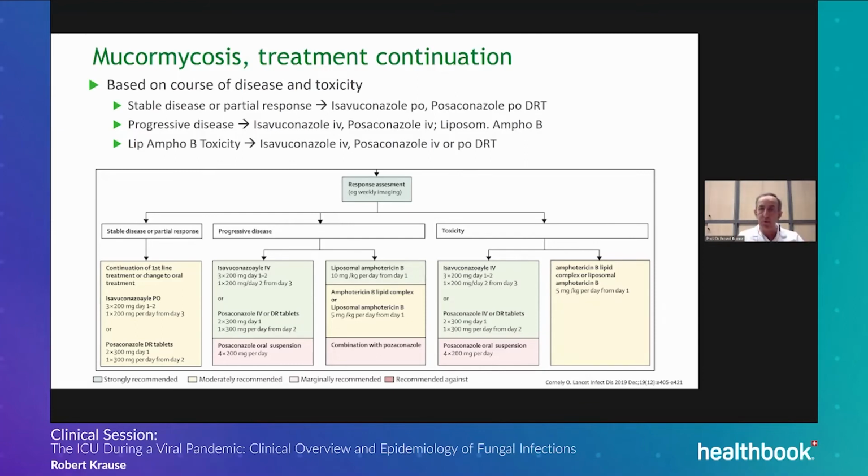If isavuconazole was the primary treatment or posaconazole was the primary treatment, then we have to switch to liposomal amphotericin B. Also, there might be renal toxicity, but due to the high mortality, you have to cope with this renal toxicity. And in case of liposomal amphotericin B toxicity, a switch is necessary to isavuconazole intravenously or posaconazole intravenously, or later on orally either isavuconazole or posaconazole.